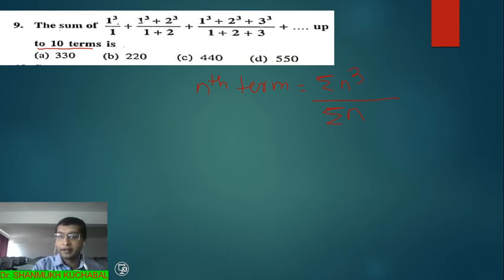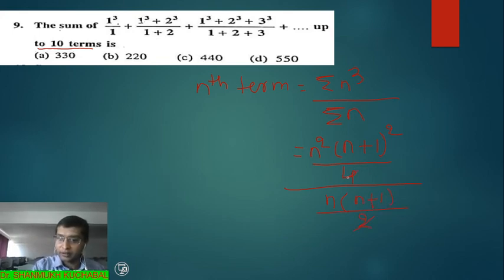After that, summation of n cube, you have to remember this formula, we use it many times: n square into n plus 1 whole square, divided by 4, and the whole divided by summation of n, which is n into n plus 1 divided by 2.